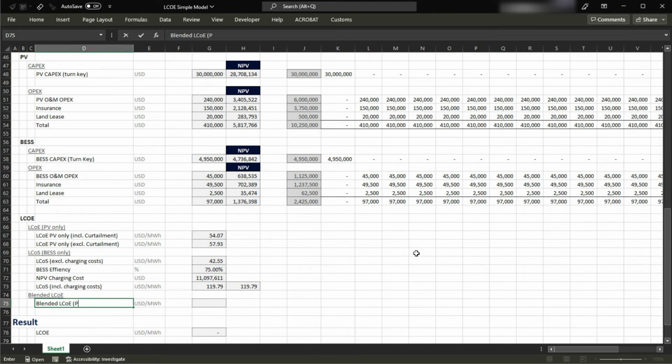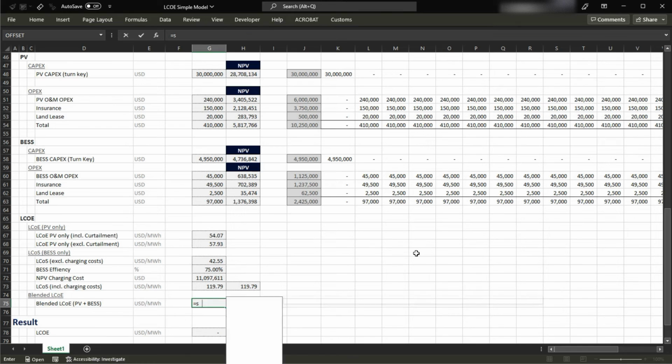Okay, what is it? Is it PV plus BESS? What will this number be? This is going to be the total NPV of capex plus the total NPV of opex, divided by the total energy delivered to the system, or to the load.